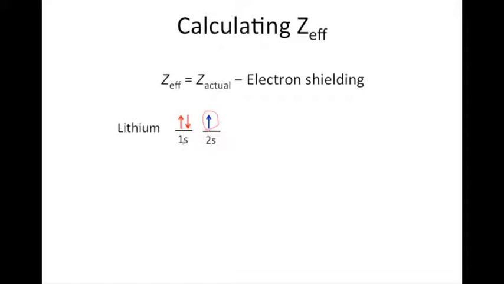Each of these will get a value of 0.85 because they're one n number less than our valence shell. So we have 2 core electrons, each 0.85, so we have 0.85 times 2. This electron can't shield itself, so we don't calculate any shielding value for the electron of interest.